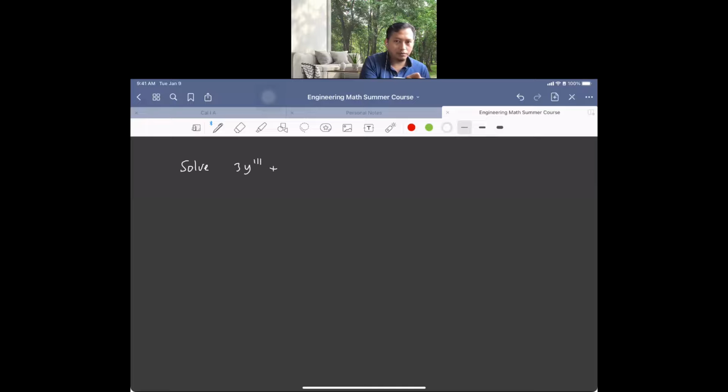Solve 3y triple prime plus 5y double prime plus 10y prime minus 4y equals 0. Now with the auxiliary equation or the characteristic equation, this is 3m cubed plus 5m squared plus 10m minus 4 equals 0.